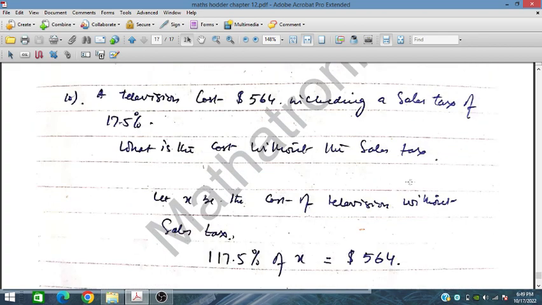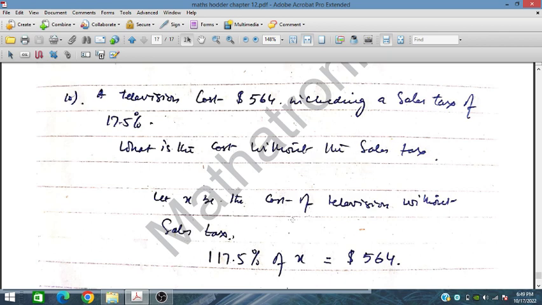A television costs $564, including a sales tax of 17.5%. So the sales tax has been included in this amount. What is the cost without the sales tax?